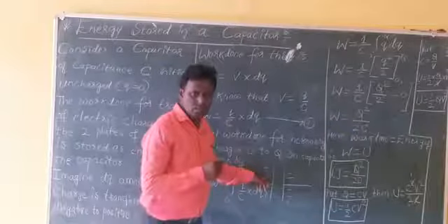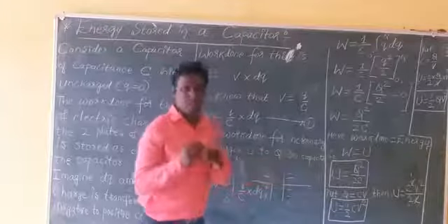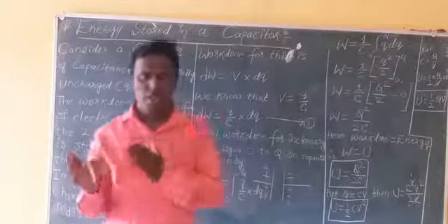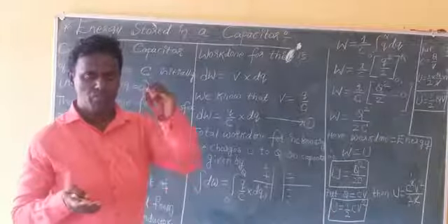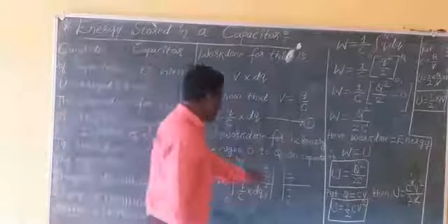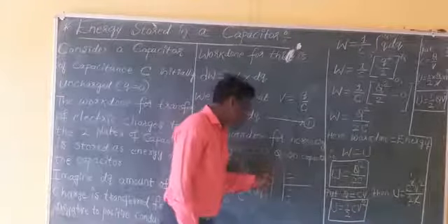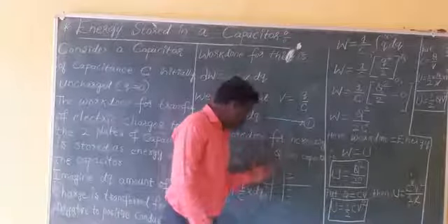Between negative and positive charges there exists a force of attraction. So first you must overcome that force of attraction, then only can you remove the positive charges from the positive plate.